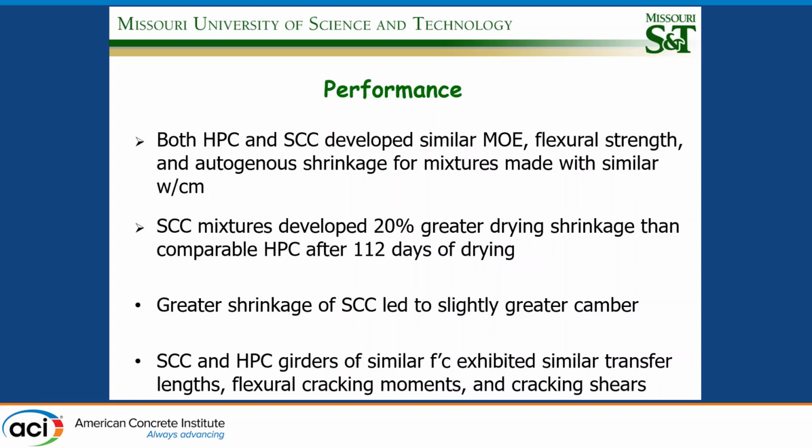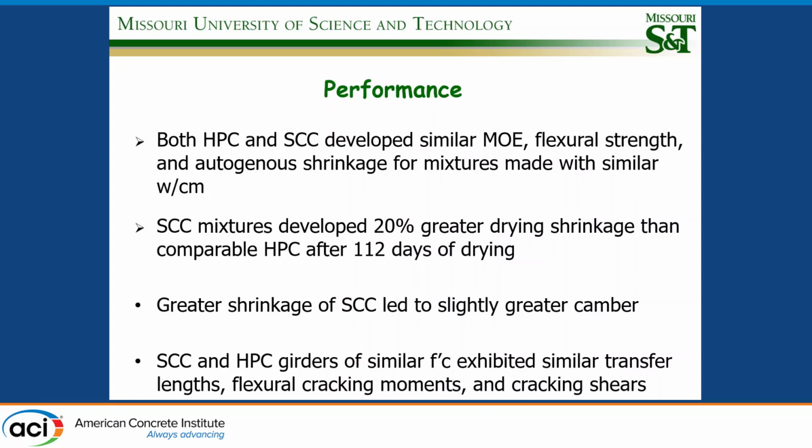In terms of mechanical properties, the 2 SCC girders had very similar behavior as those for high performance, but including the autogenous shrinkage, we did measure 20% greater drying shrinkage than the comparable high performance concrete. When I say comparable, it's the same water binder ratio, same binder. The high shrinkage also led to more camber. So that's one of the important aspects of shrinkage.